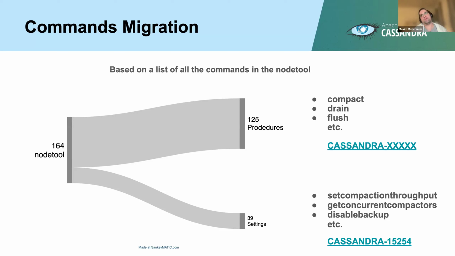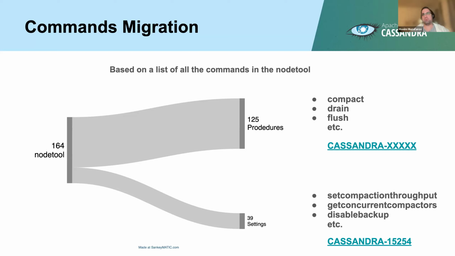So we will have stored procedures for big commands like compact and drain, and we will have another subset of commands that will go through the settings virtual table. So yeah, this is the basic idea. I've collected some information: we have 164 commands in nodetool.